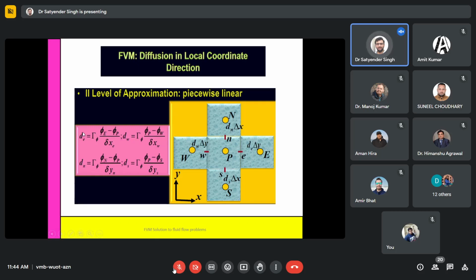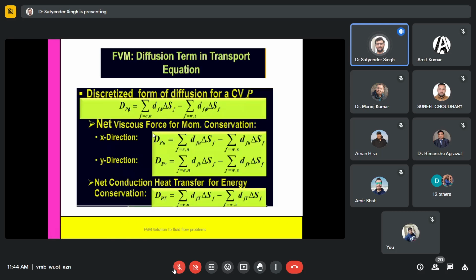Likewise, we have a subsidiary law, Newton's law of viscosity, that will be used here to represent the discretization approach for the diffusion terms. Similarly, in the x direction and y direction, we call that piecewise linear approximation, although there are some other approximation approaches available in the literature.